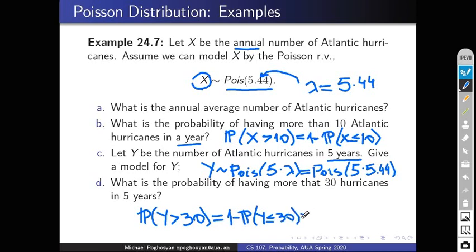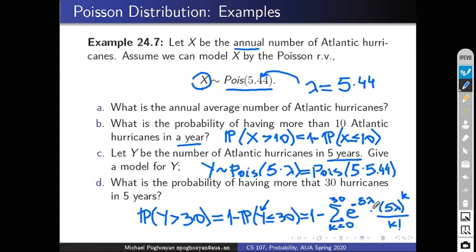30. And let me write this. Of course, because we are talking about the random variable y, I will use this as a parameter. So e to the minus 5 lambda, times 5 lambda to the k over k factorial, and k is running because I am calculating the probability that y is less than or equal to 30. y can be 0, 1, so k is running from 0 up to 30.